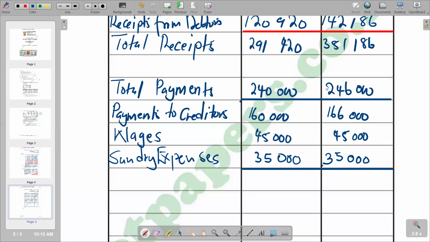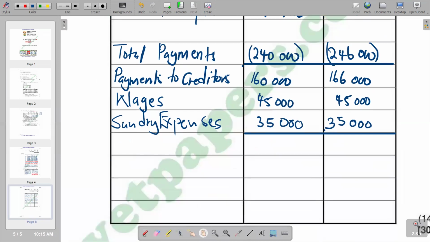And total payments, we subtract them from total receipts. So we'll show them in brackets. To get the cash surplus, we can give the description of what we are supposed to get there, which is cash surplus or deficit.